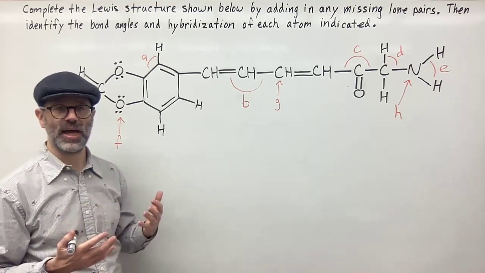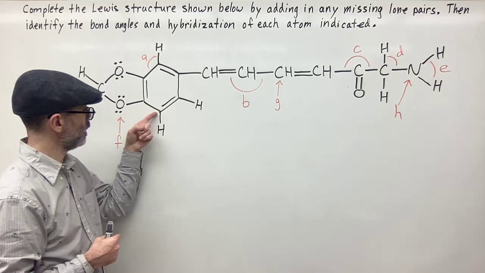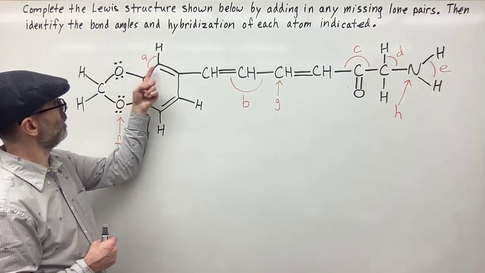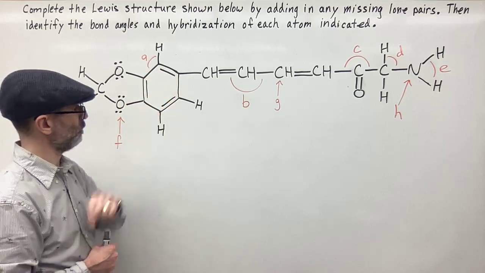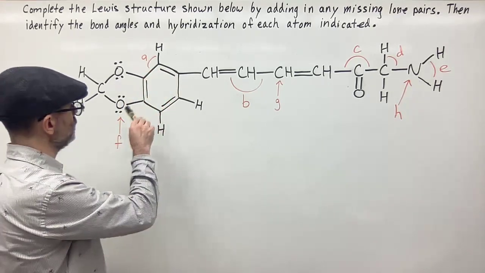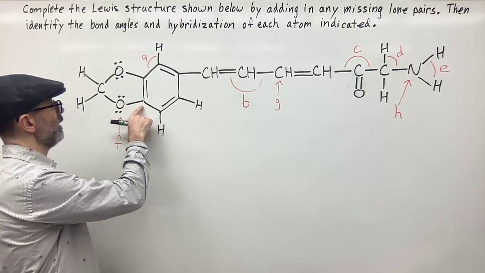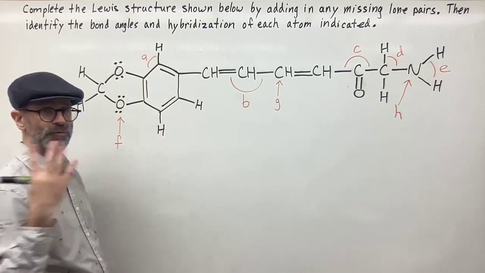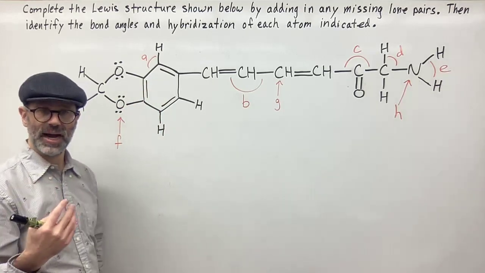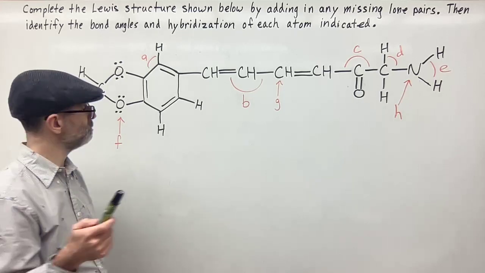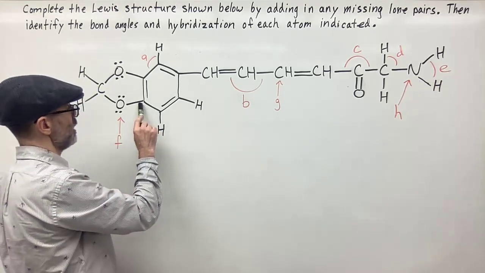So here we have a carbon, here a carbon, carbon, carbon, carbon, carbon. When we look at this carbon here, we have 1, 2, and then a double bond. That's 4 bonds, so that's an octet because, again, 2 electrons per bond. So this one has an octet.